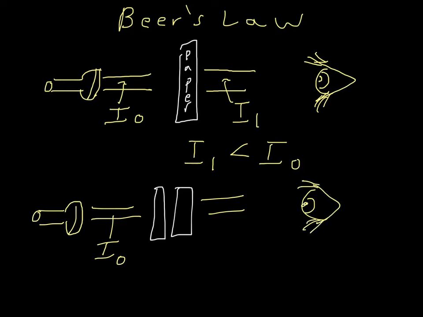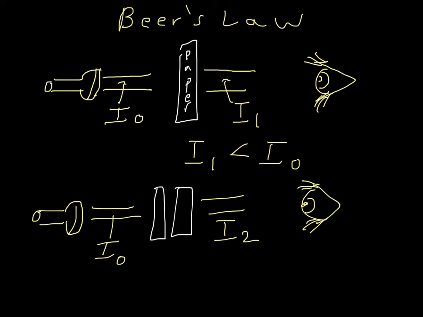What do you think the intensity is of the light passing through the paper now? It's going to be even less than the intensity passing through 1 sheet of paper. 2 sheets of paper is going to absorb more, correct?